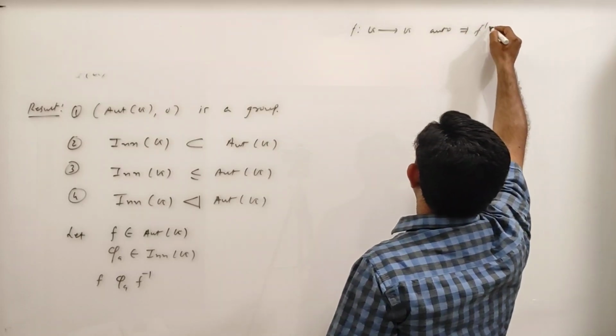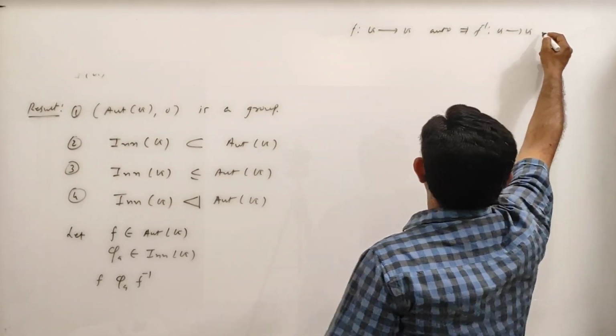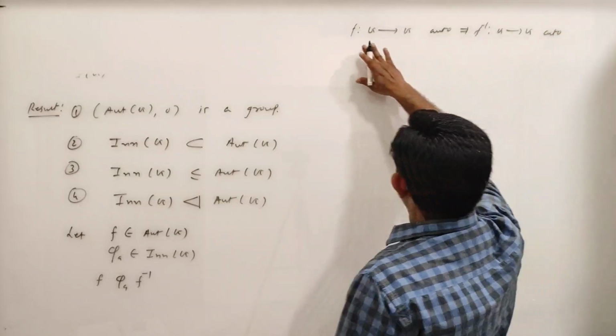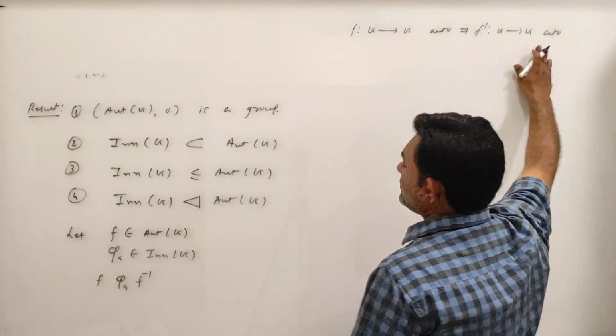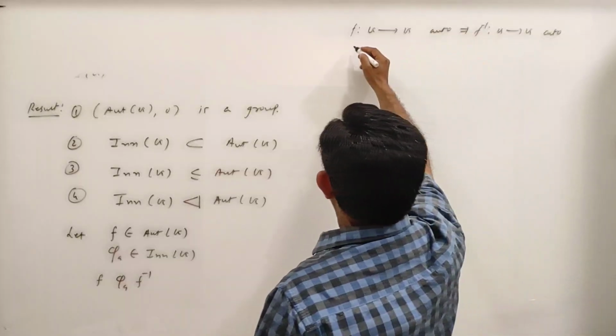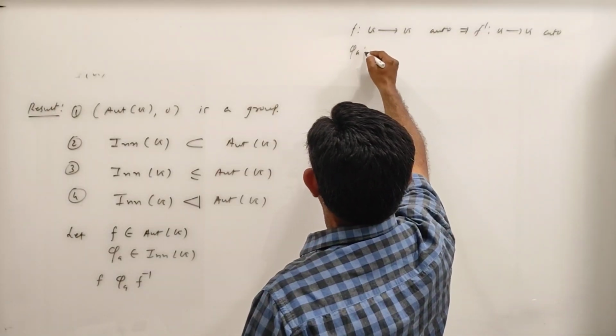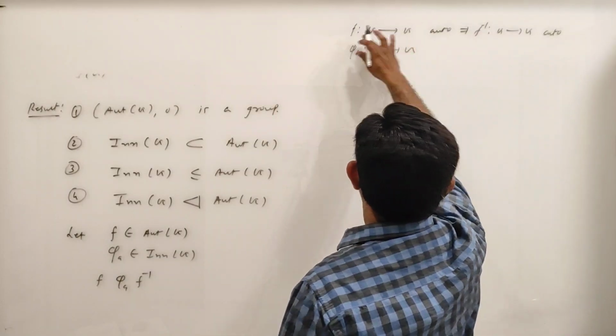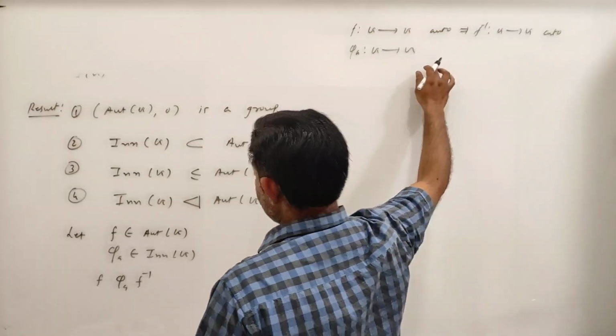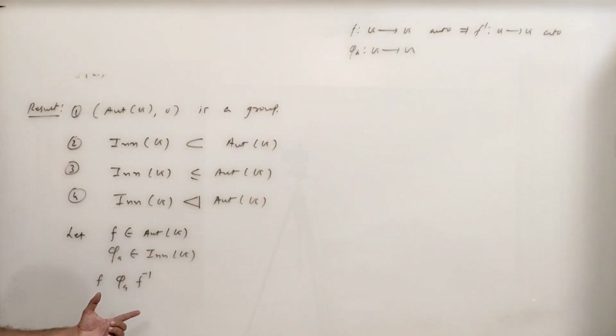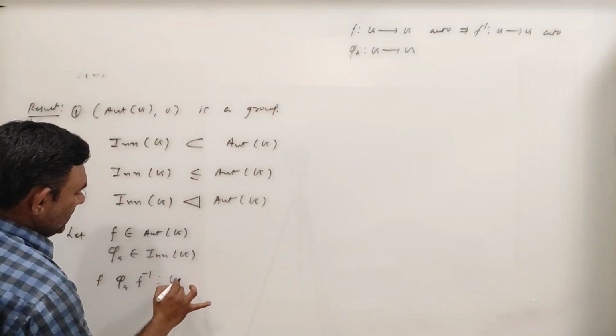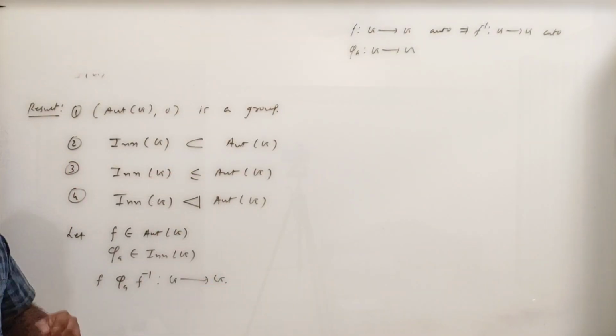So F inverse from G to G exists, and it is also an automorphism. Now phi A is also a mapping from G to G. So F, F inverse and phi A are all from G to G. So F phi A F inverse will be a mapping from G to G, right?